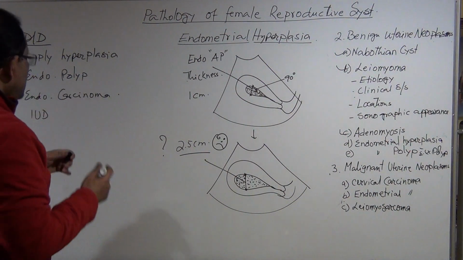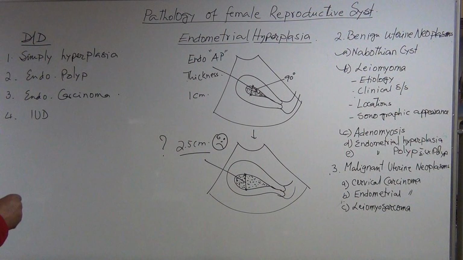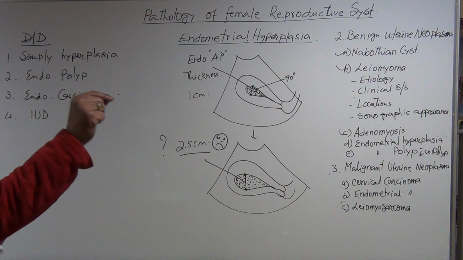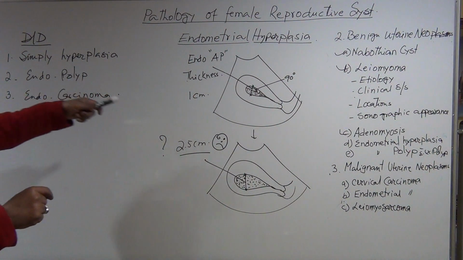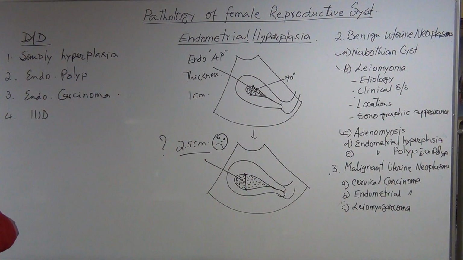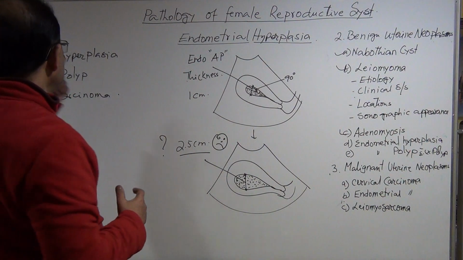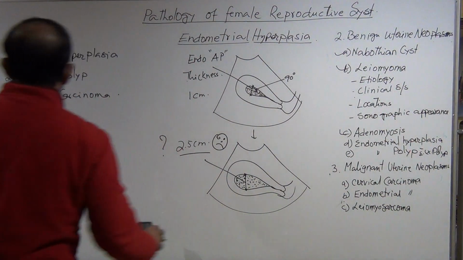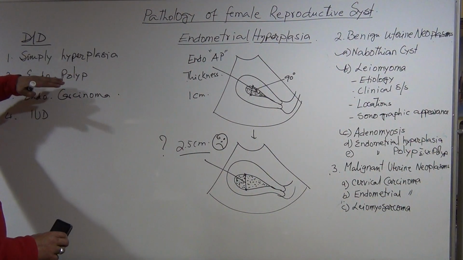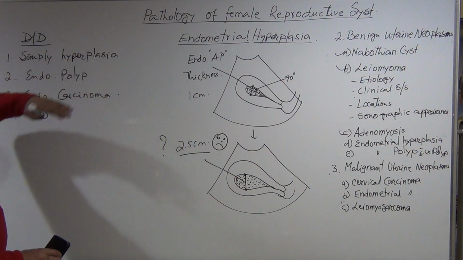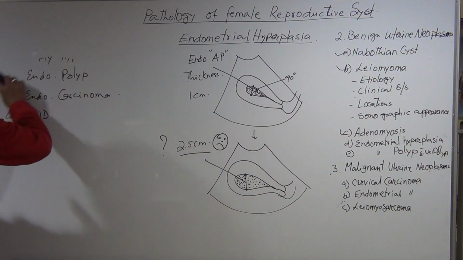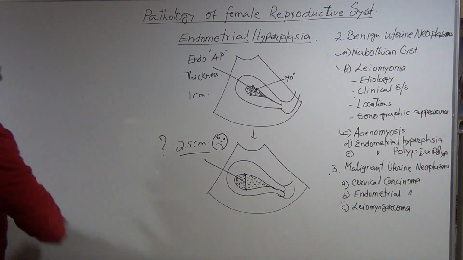If it is an endometrial polyp or an endometrial carcinoma, the patient doesn't know it, but you have to understand what is cooking inside. If it is an IUD, the patient will tell you, yes, I have an IUD. Okay? Now, let me go one by one. How are we going to differentiate hyperplasia from the polyp and carcinoma?